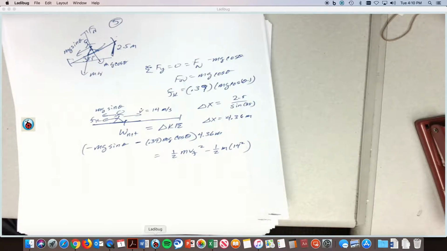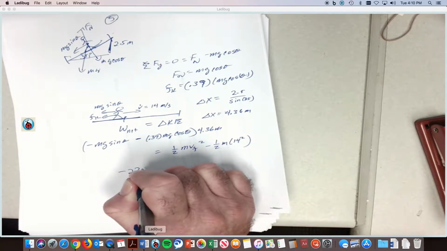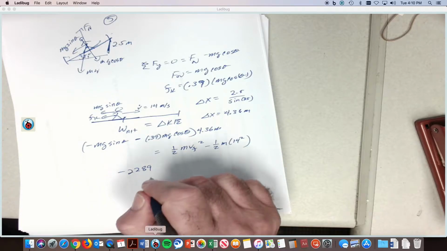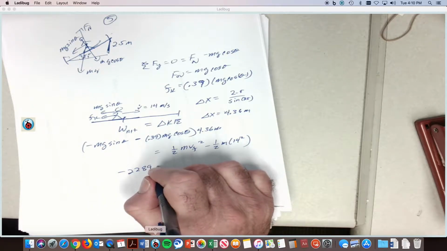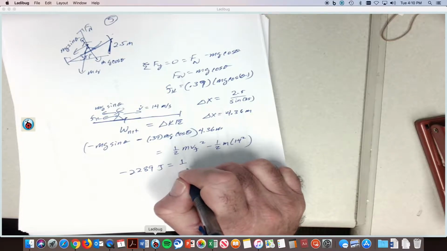That equals negative 525 times 4.36, which equals about negative 2289 joules on this side.